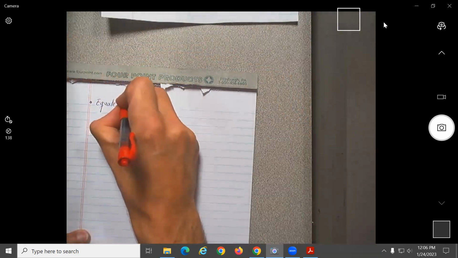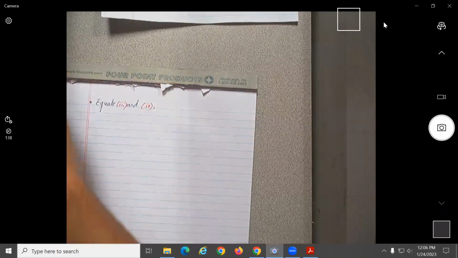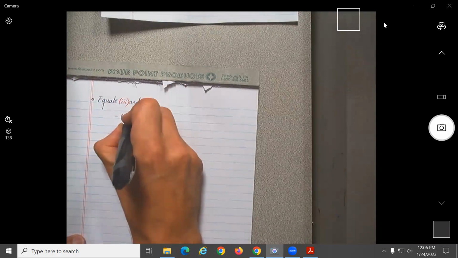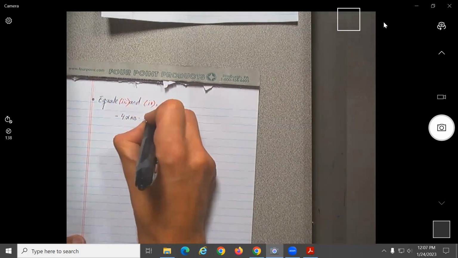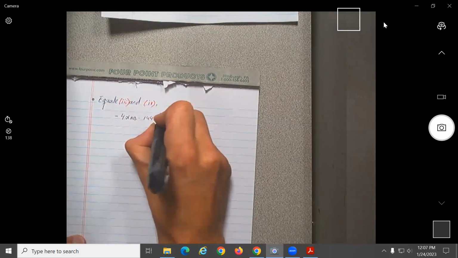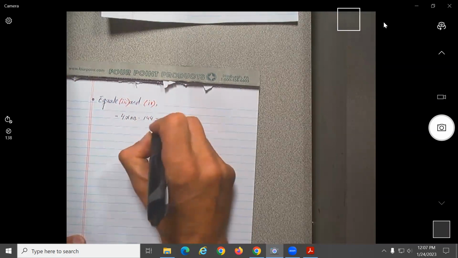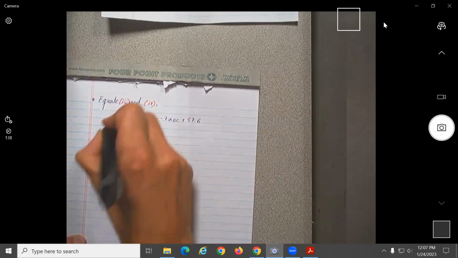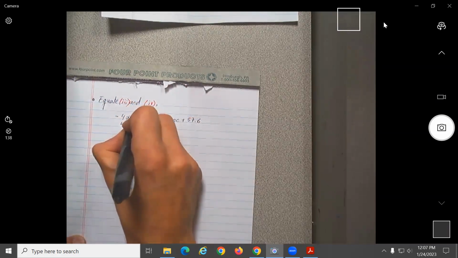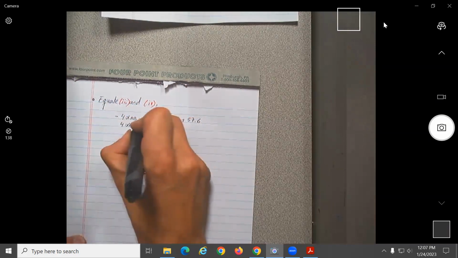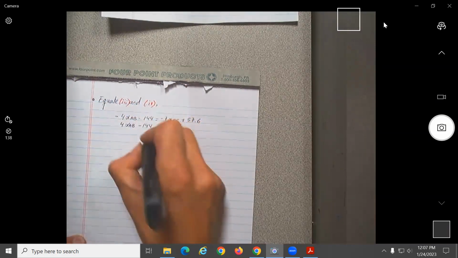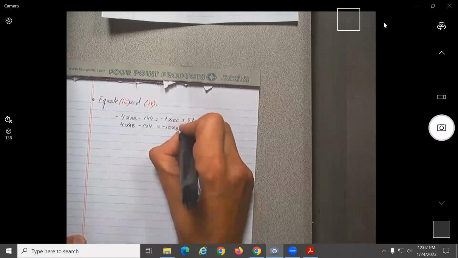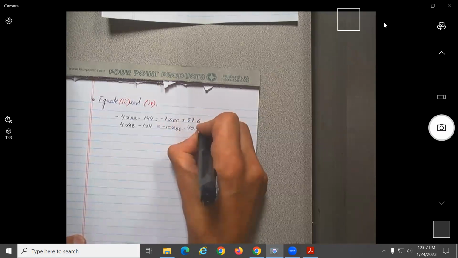Equate 3 and 4. So you get minus 4 alpha AB minus 144 equal to minus 7 alpha BC plus 57.6. And minus 4 alpha AB minus 144 equal to minus 10 alpha BC minus 40.32.